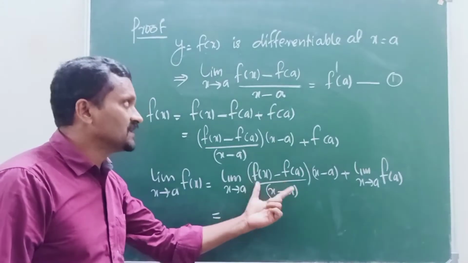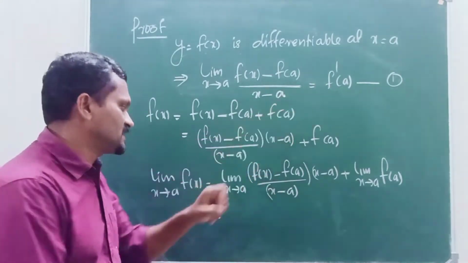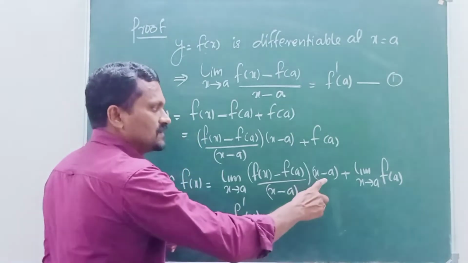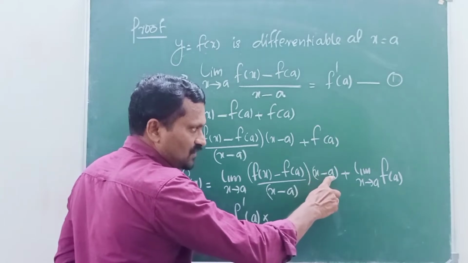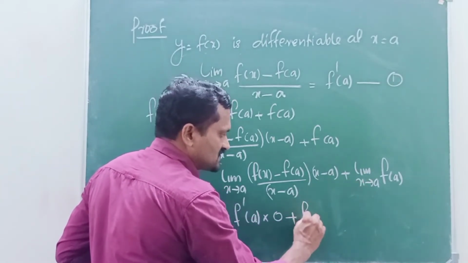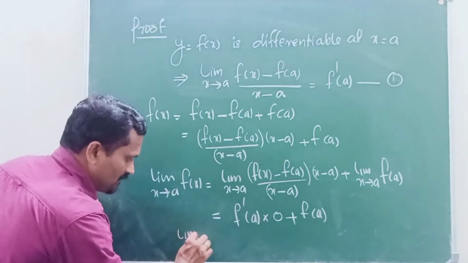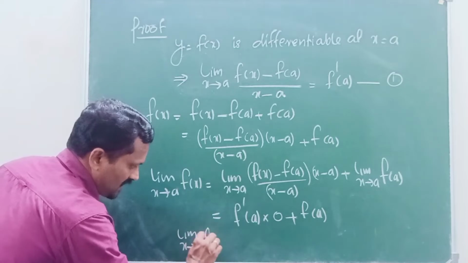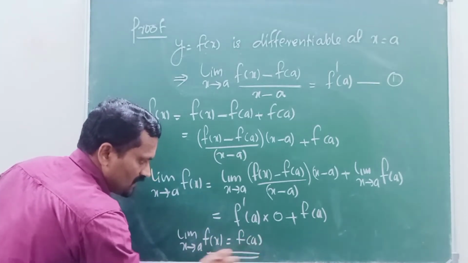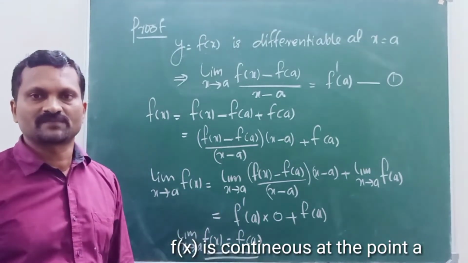What's the limit? Using equation 1, it is equal to f dash a. That's equal to f dash a into, if we put x equal to a, this becomes 0, plus the limit of a constant, which is equal to the constant itself. Therefore, limit x tends to a of f of x equal to f of a, which implies the function is continuous.